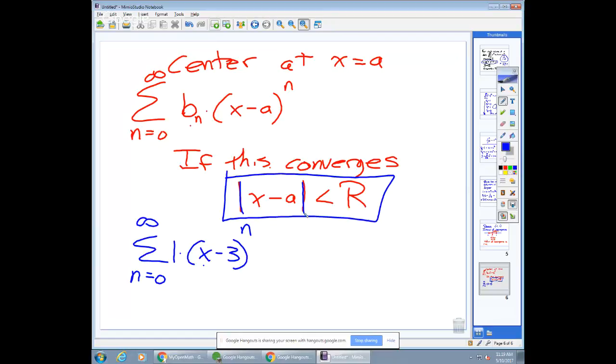When you do a minus something inside, that means I want to know how far is x from a. Okay, so the geometric interpretation of this inequality is the distance from x to a must be less than r.